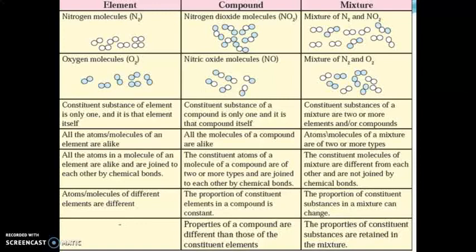Atoms or molecules of a mixture are of two or more types. The constituent molecules of a mixture are different from each other and are not joined by chemical bonds. In bhel, the kurmura and sev are not bound by chemical bonds. These are separate. The proportion of constituent substances in a mixture can change.